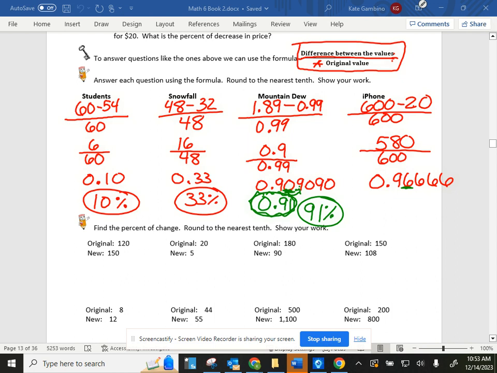So what decimal am I going to want to write down if I'm rounding to that hundredth place? 0.97. Because that 6 is followed by a 6 that's bigger than 4. 5 or more, you round up. So we're rounding that hundredth place up to the 7. So what percent of change is that? 97%.